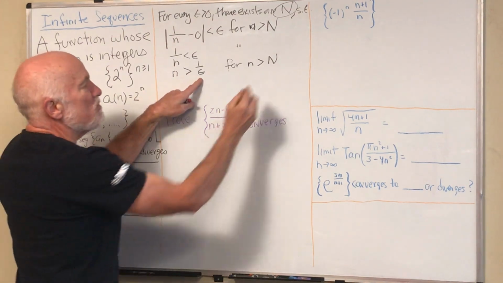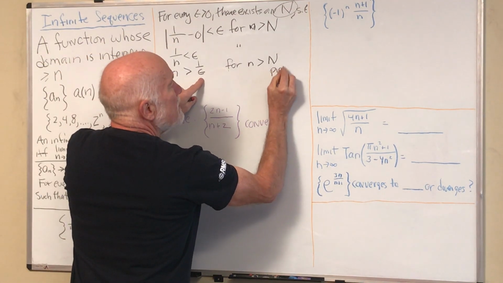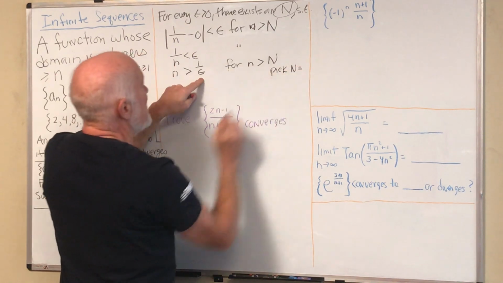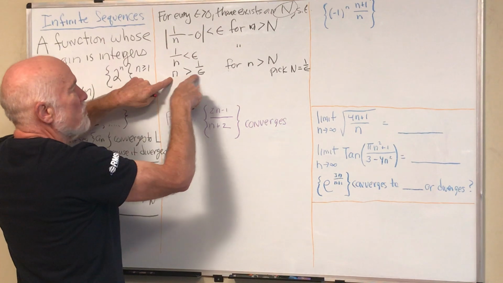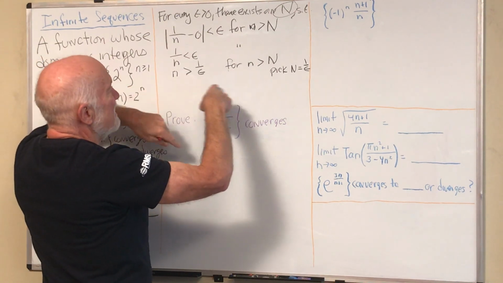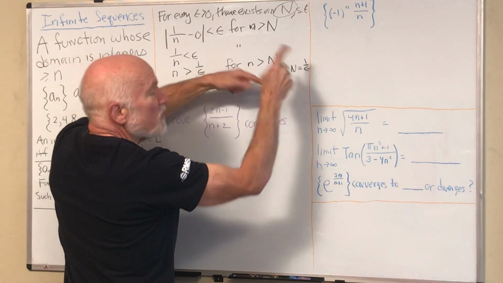All I'd have to do is pick my big N to be 1 over epsilon. And then I would have proved it. For n greater than 1 over epsilon is going to be true for all n greater than 1 over epsilon.